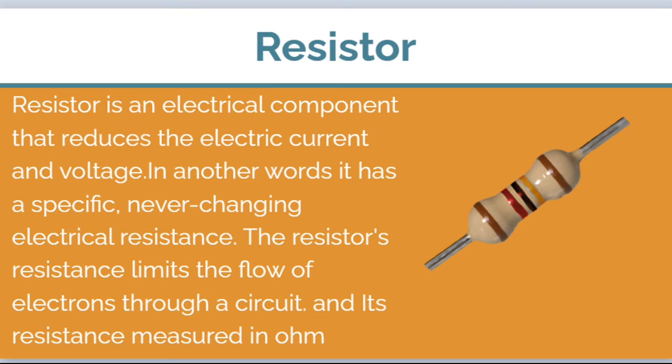This electrical resistance that exists inside this resistor limits the flow of electrons through a circuit. So that will reduce the value of the voltage and current. This resistance is measured in ohms, as we know.